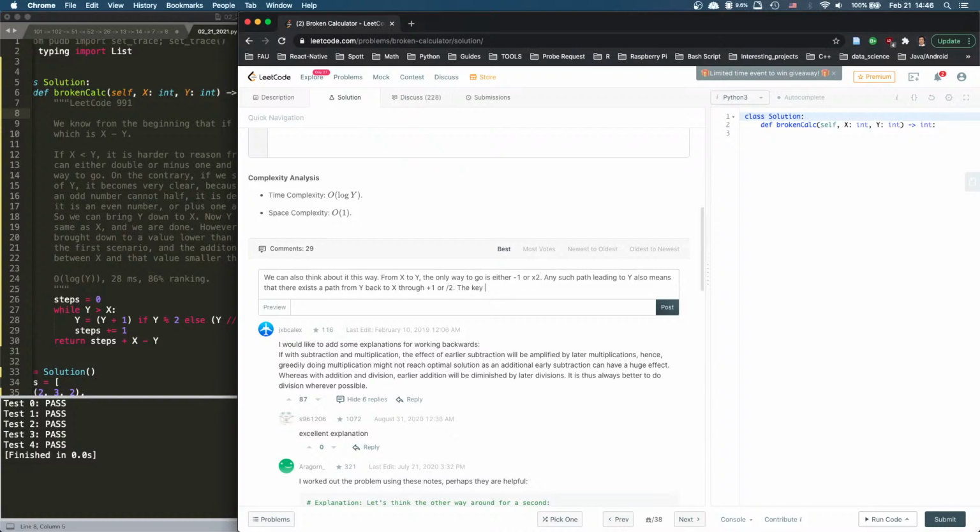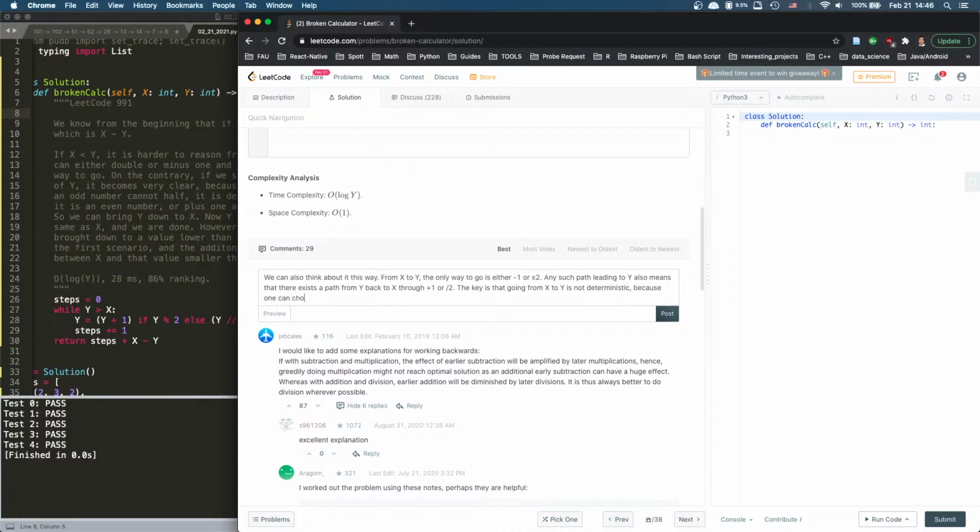The key is that going from x to y is not deterministic, because one can choose to multiply by 2 or, well, -1 first and then 2.